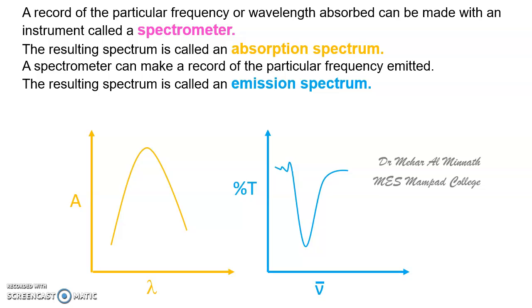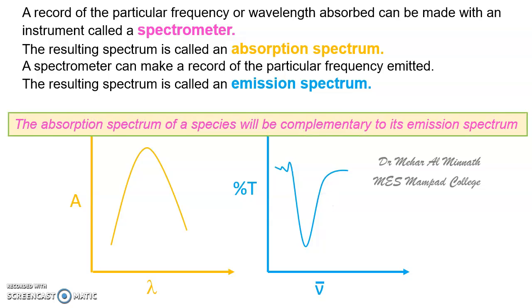One more thing you need to remember is that the absorption spectrum of a species will be complementary to its emission spectrum. Hence, both will give us the same information. So we need to study either the absorption spectrum or the emission spectrum of the molecule.